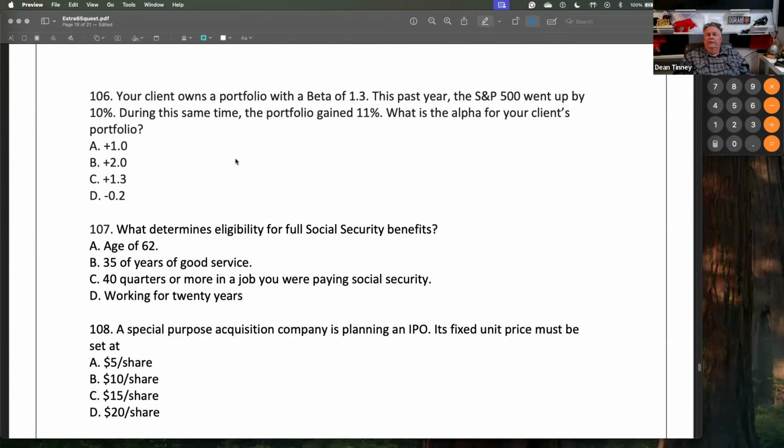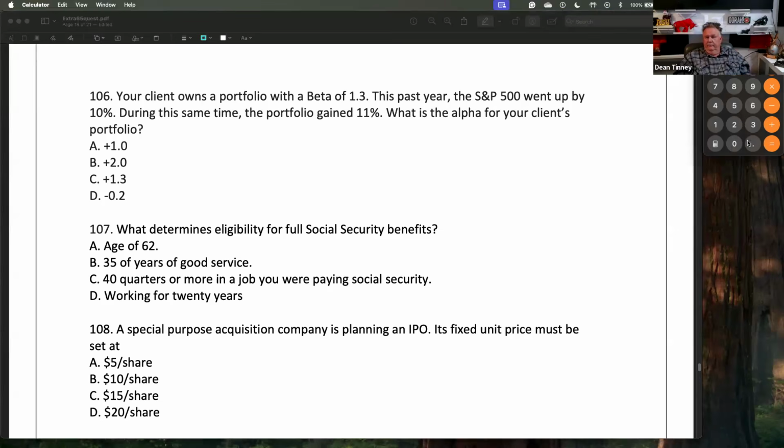Let's just go through this. For A to be the right answer, it would have to be 14%, because 10 times 1.3 is 13%. That's our expected return. B would be 15%, C would be 14.3%, and the answer is D. What you just did there is the expected return.